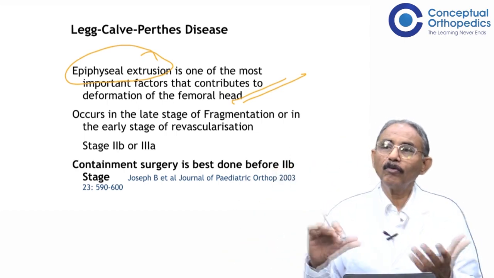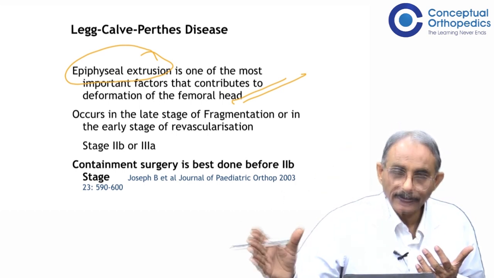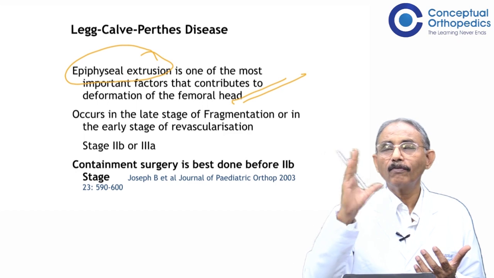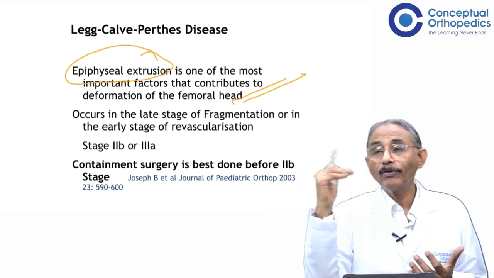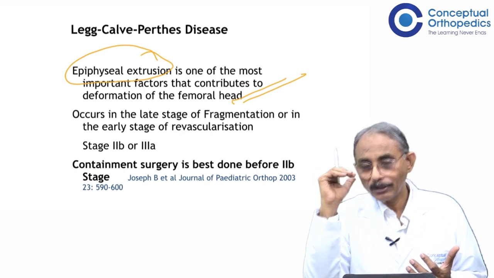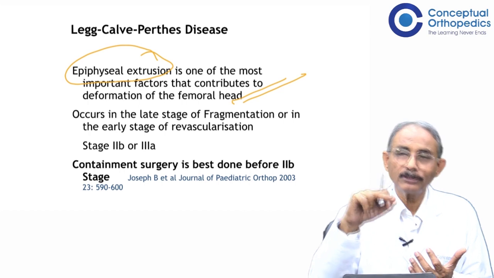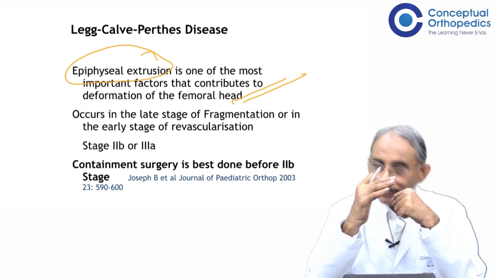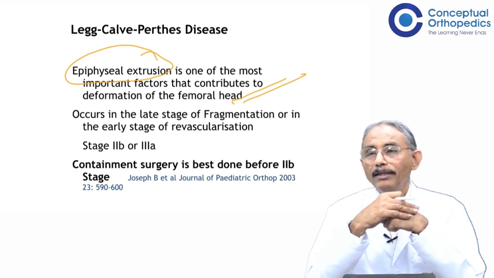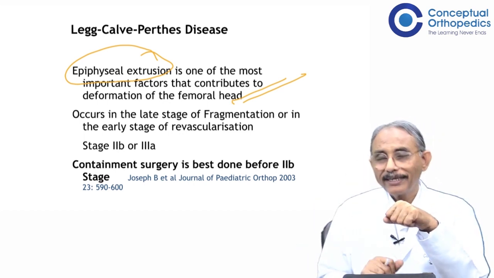And that's when deformity of the femoral head happens. Before the stage reaches that point, you will plan for surgery to contain the head before extrusion, so that you prevent extrusion and keep the head contained. A contained head, even if it is avascular, with the molding of the acetabulum, will grow spherical.